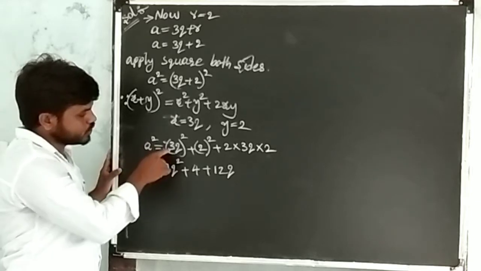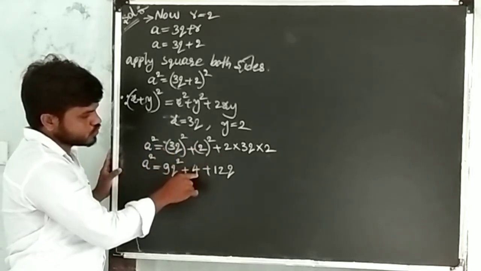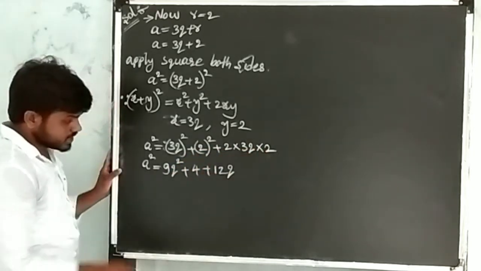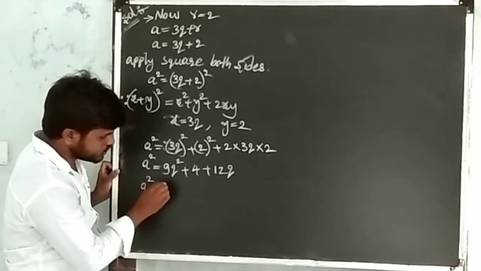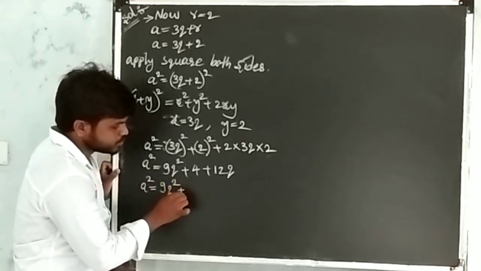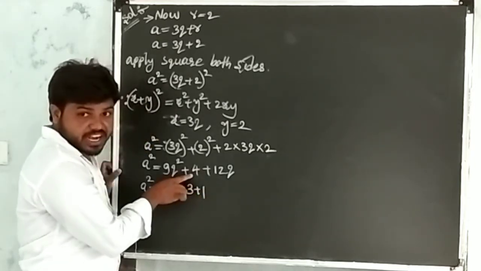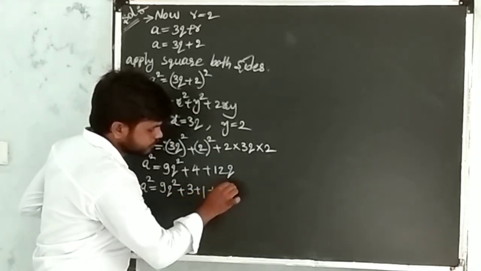Now I split this 4. A squared equals 9q squared, plus 4 written as 3 plus 1, plus 12q.